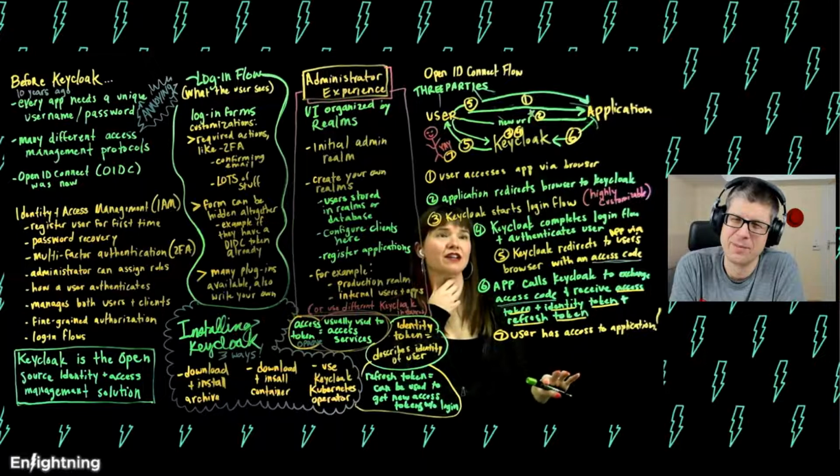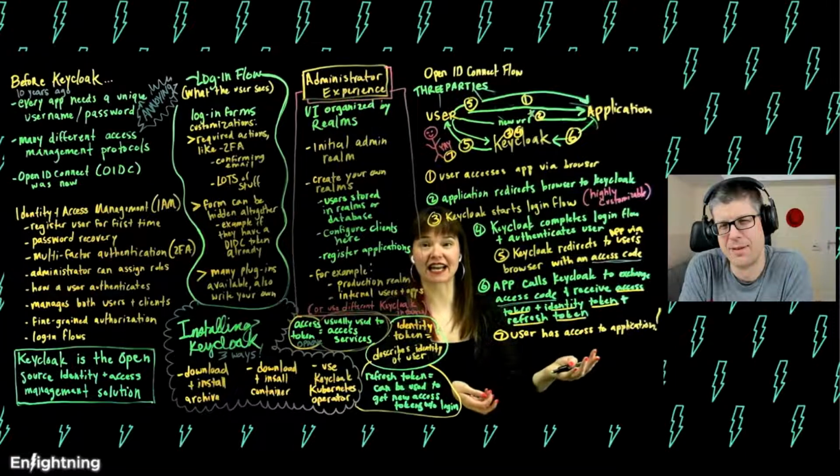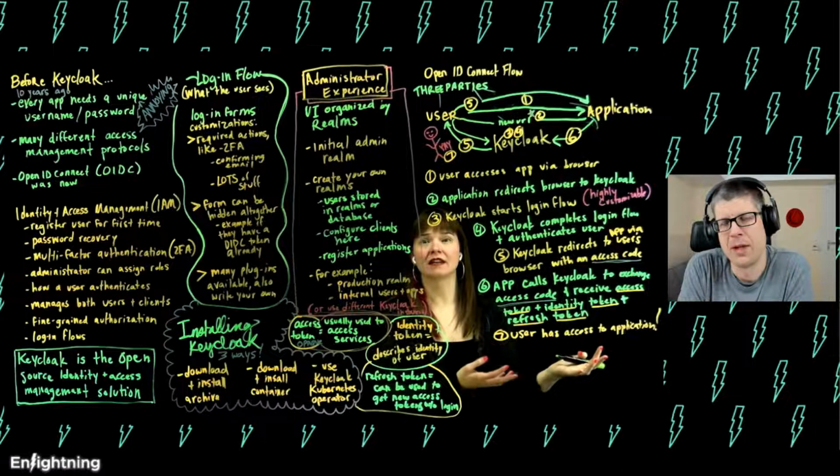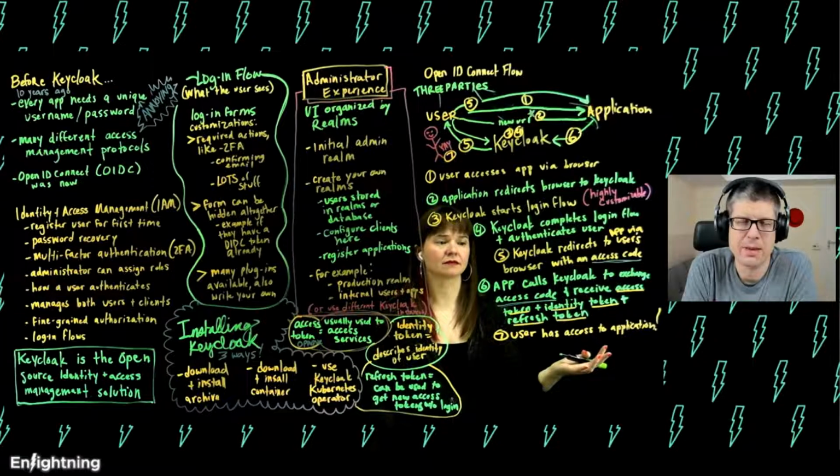Will you help me understand, with my new brain, what this has to do with OpenID Connect? Like I understand it's an OpenID Connect flow, but does it mean it adheres to certain OpenID Connect standards? Yeah, the good news is, yes, it's a standard.